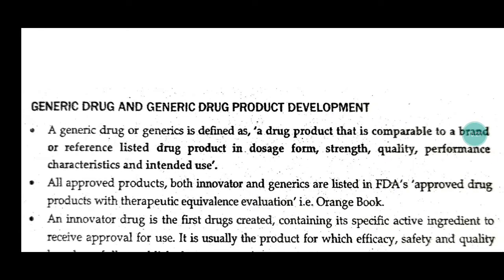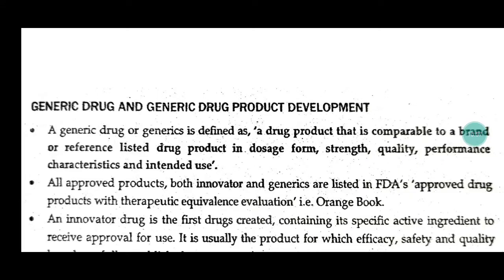And next question, what is the generic and innovator process, with the generic drug and the generic drug product development? So what is a generic drug? It means a drug product that is comparable to a brand or reference listed drug product in dosage form, strength, quality, performance and characteristics and intended use.